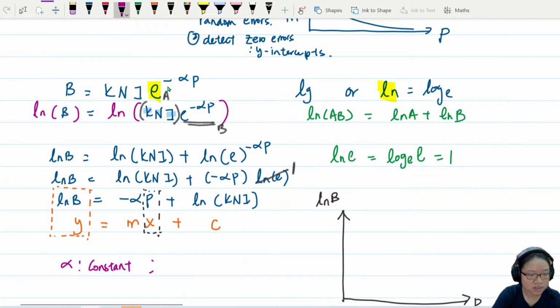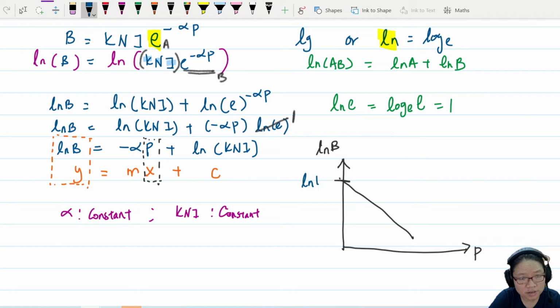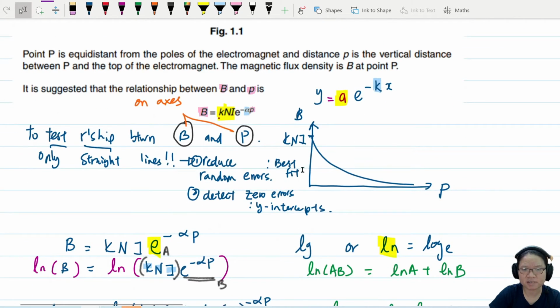Alpha constant, KNI also constant. So because of this, the graph that I expect to get is something like this. Negative gradient. And what is our y-intercept? ln KNI. Okay, so the initial graph looks like this.